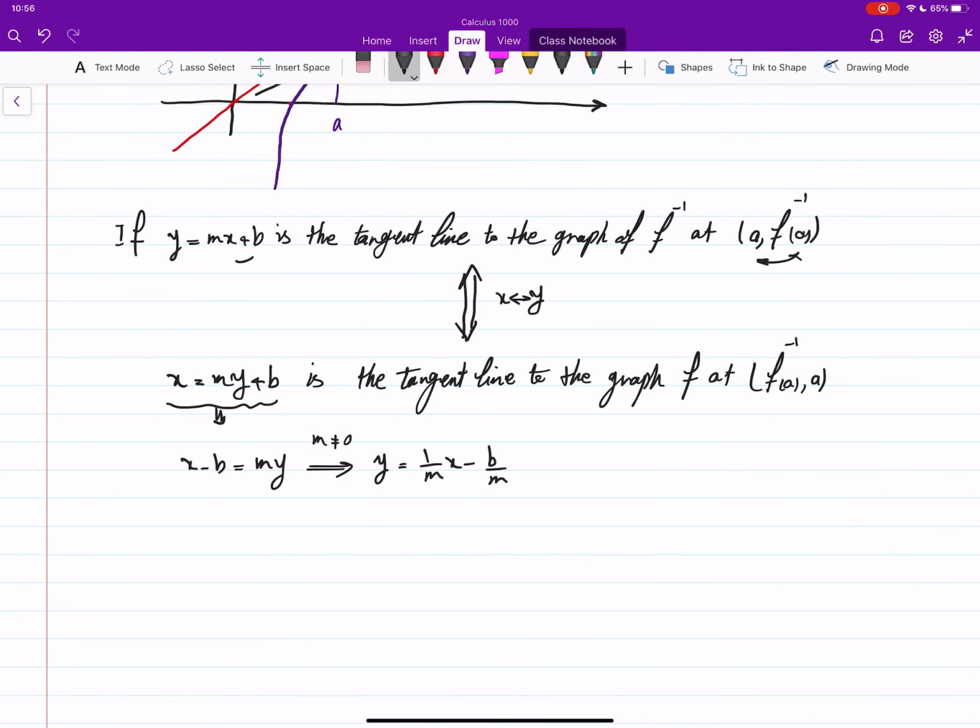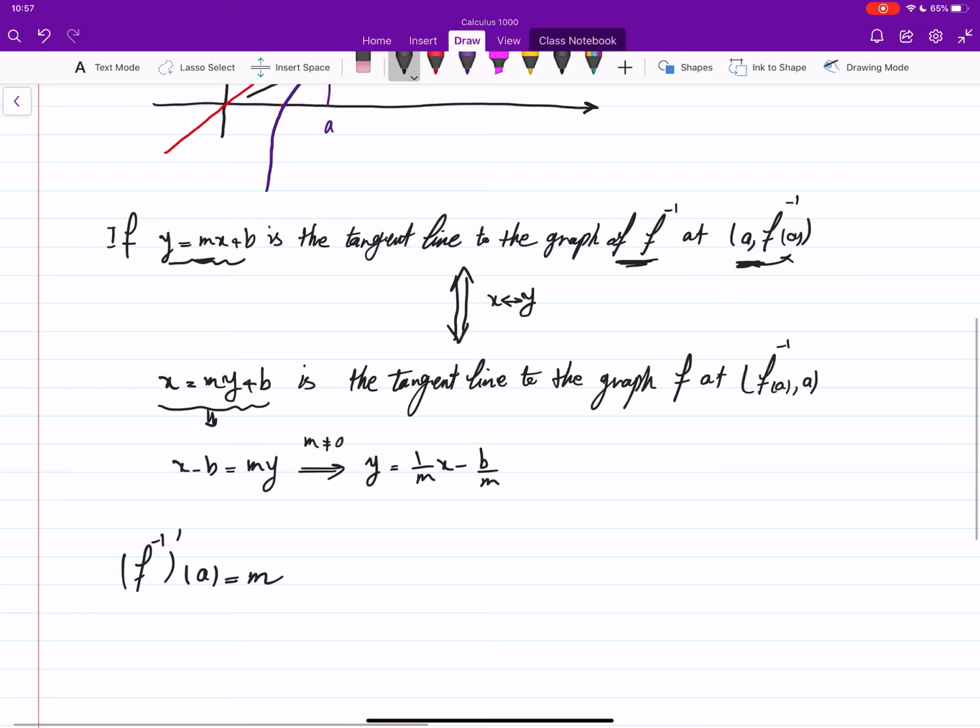Well, what does this give me? The slope of the tangent line to the graph of f inverse is m, and that is the derivative of f inverse at that point. The slope of the tangent line is the derivative. The slope of the tangent line to the graph of f inverse at this point was m, and that is equal to the derivative of f inverse at a. The slope of the tangent line to the graph of f at this point is 1 over m.